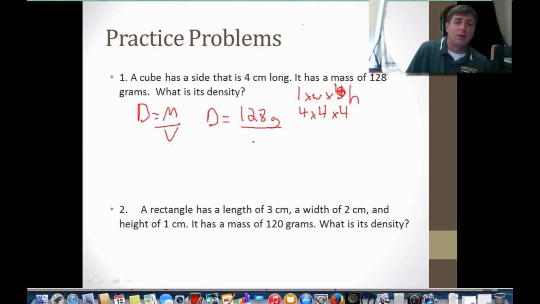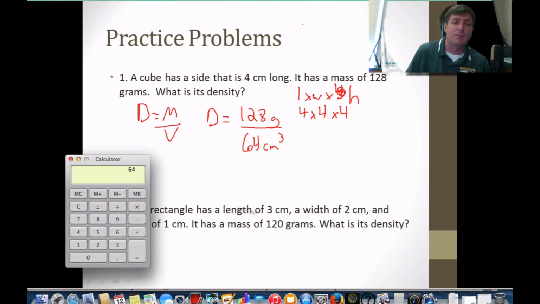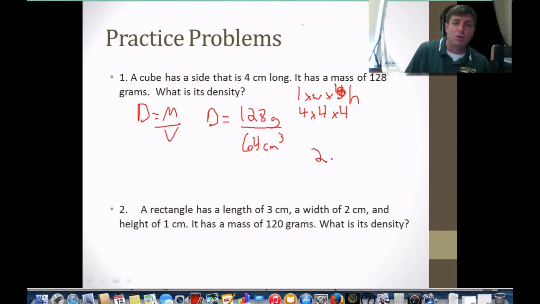So our volume is 64 centimeters cubed. So now we're all set up. We can just plug this into the calculator, and we can get 128 divided by 64, and that's going to equal 2. So again, that's going to be 2 grams per centimeter cubed. Looking at these two units right here.